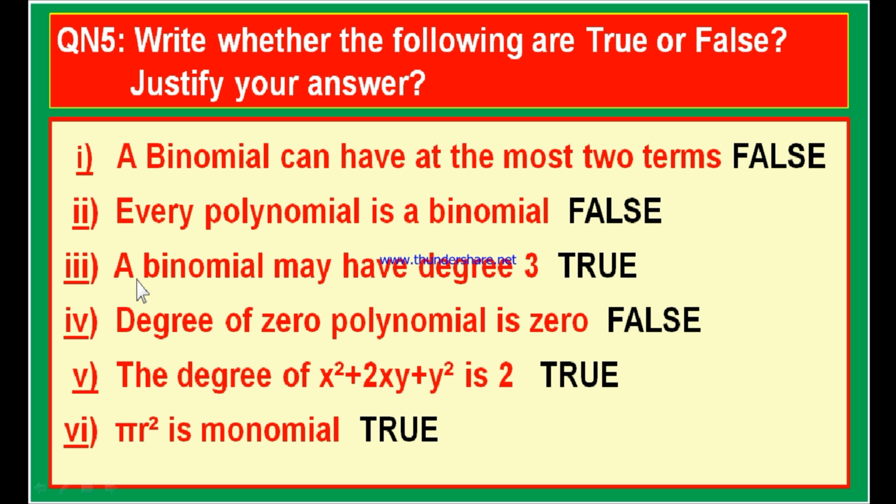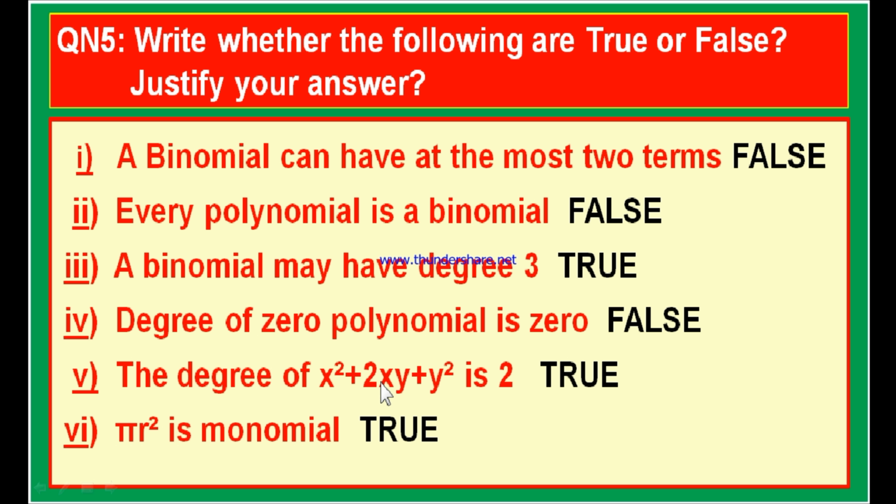Understood? Similarly, third question, a binomial may have degree 3. It is true. The reason is there is a binomial x cube plus y cube which is of degree 3. That is the reason. The degree of 0 polynomial is 0. False. The reason is the degree of 0 polynomial is not defined. Clear? Fifth bit.